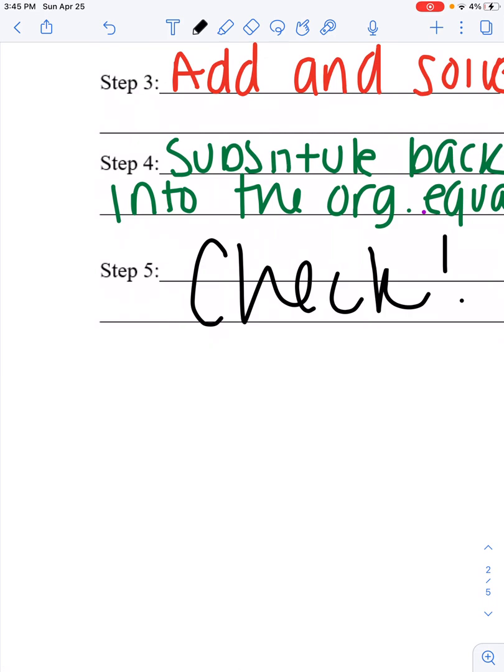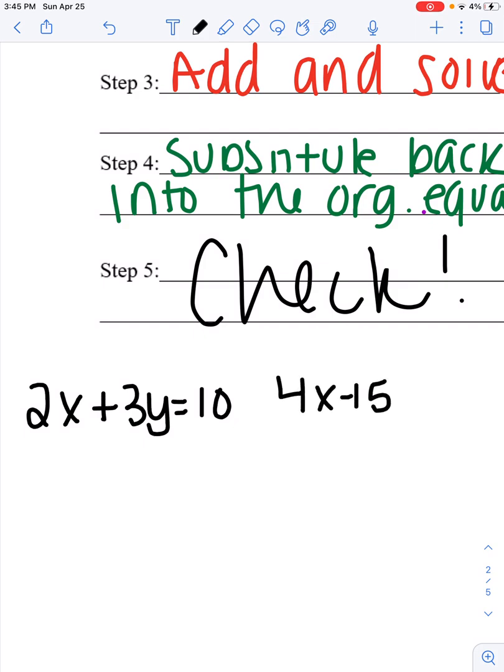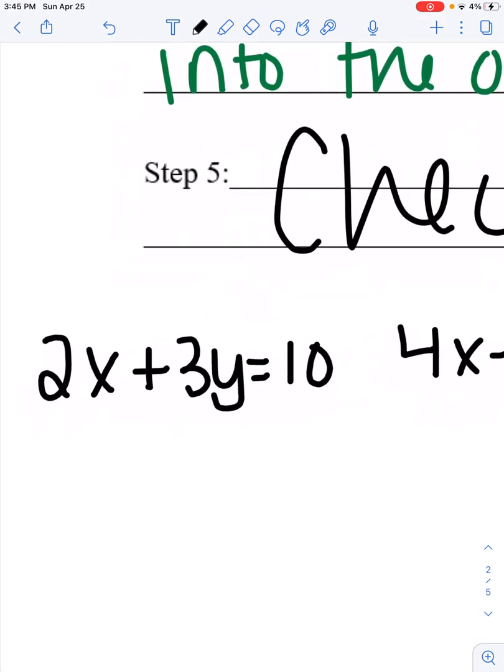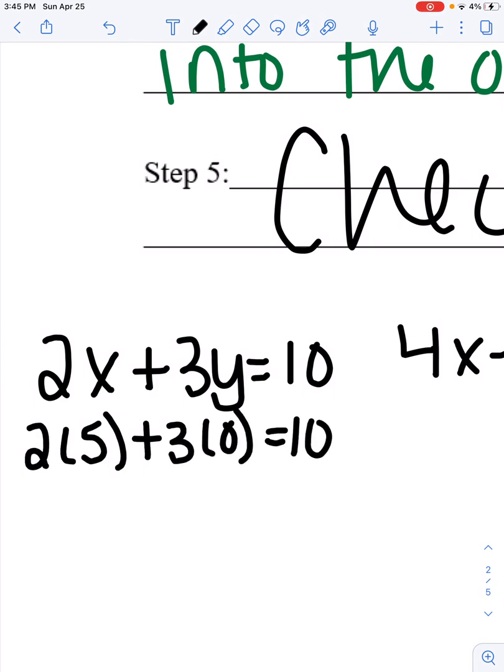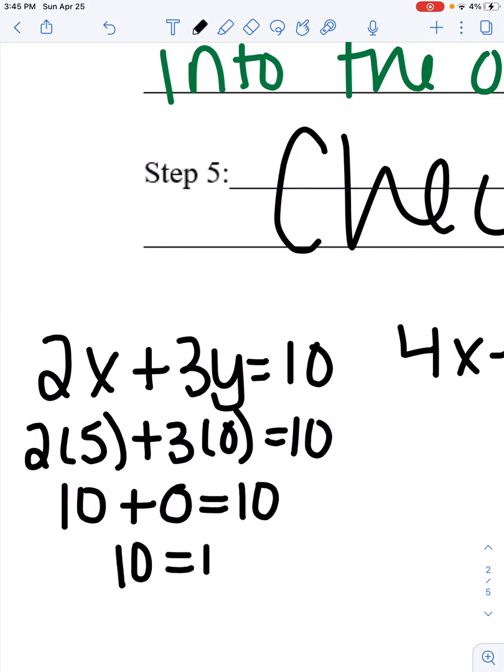All right, so the original equation was 2x plus 3y equals 10. And the other one was 4x minus 15y equals 20. I'm going to plug in 5 and 0. Two times 5 is 10. 3 times 0 is 0. 10 equals 10.